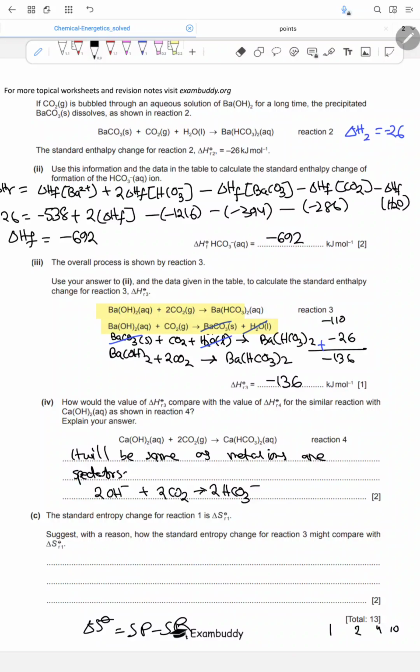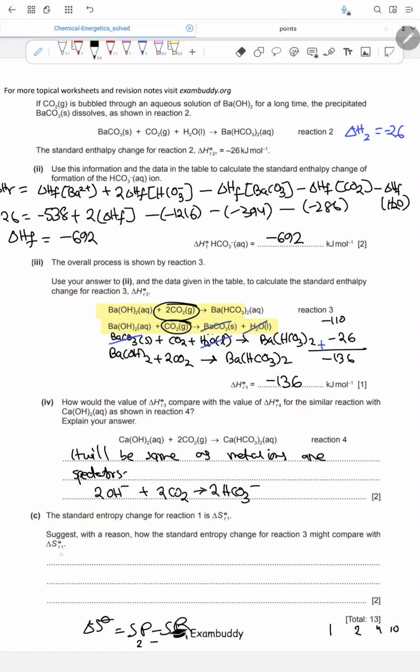Theoretically, in reaction 1, only 1 mole of gas is being removed. In reaction 3, 2 moles of gas are being removed. So the entropy of products is decreased more compared to reactants. It should be more negative for reaction 3, because the entropy of 2 gas in the product is less, but the entropy of 2 gas in the reactants is larger.